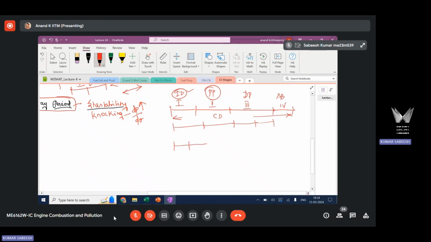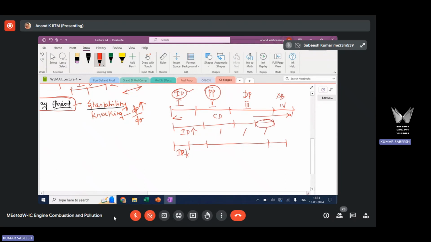The premix phase will also be shorter and diffusion will be longer. Then you have an afterburn phase. This is with increased ignition delay time, and this is with decreased ignition delay time. Based on the duration of delay time, the premix, diffusion, and afterburn phases are going to be different.